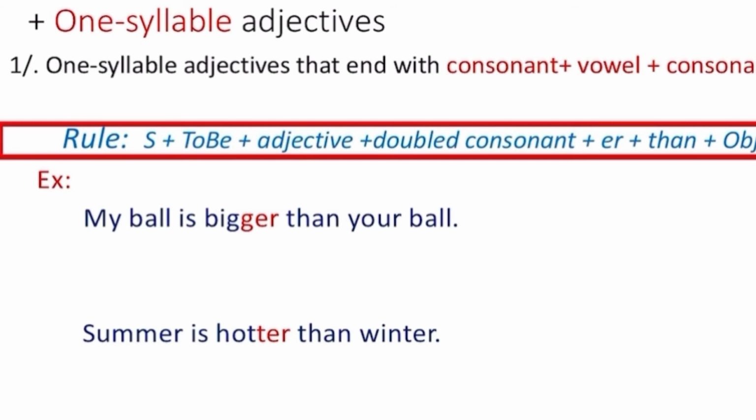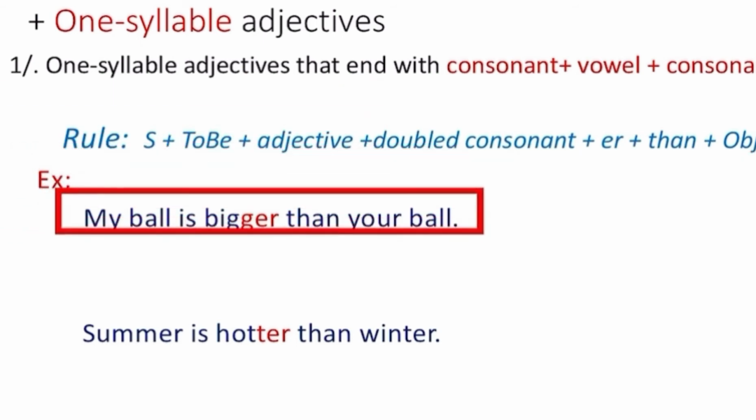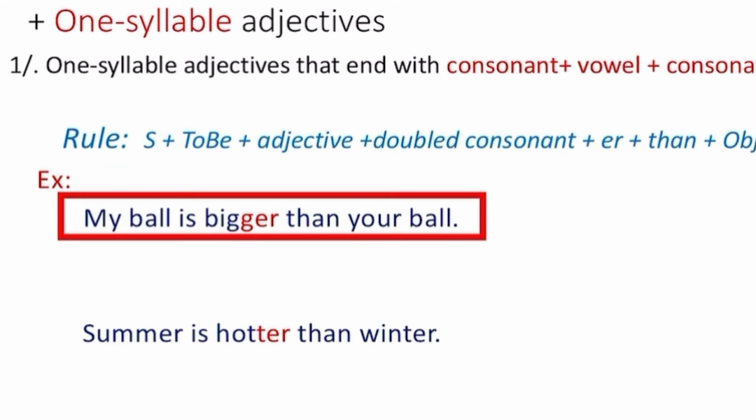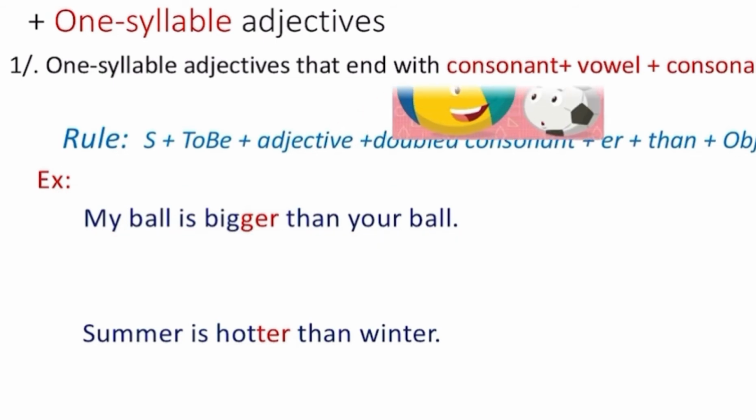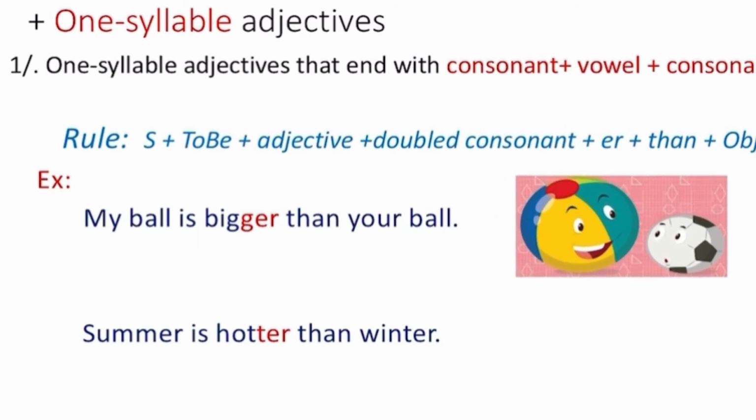For example, you see here, my ball is bigger than your ball. Because the adjective big here is a short adjective, it is a one syllable adjective, and it is in the form of consonant plus vowel and consonant.